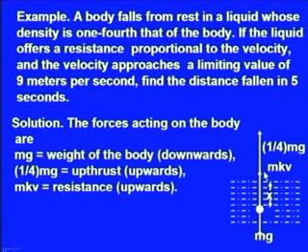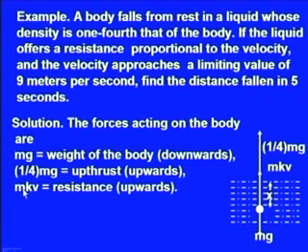Then the resistance, we are taking, is proportional to the velocity. For convenience, we are writing resistance as mkv, v is the velocity, the constant of proportionality we are writing as mk.